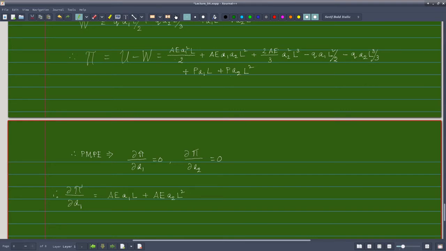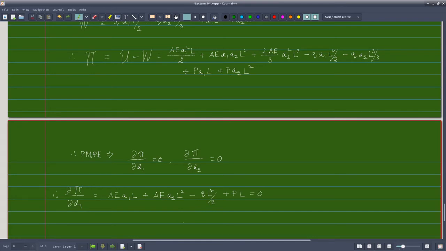Then I will have this term, so minus QL square by 2, and then plus PL, and this whole thing is 0.